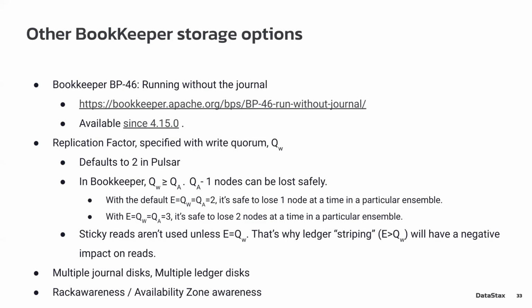There are also other Bookkeeper storage options, for example running without journal. That could be an optimization in the cloud. I'm not going into that in detail here. There's the replication factor, which defaults to 2 in Pulsar. It's typically a good default to use 2 in the cloud, since the cloud storage is already redundant.